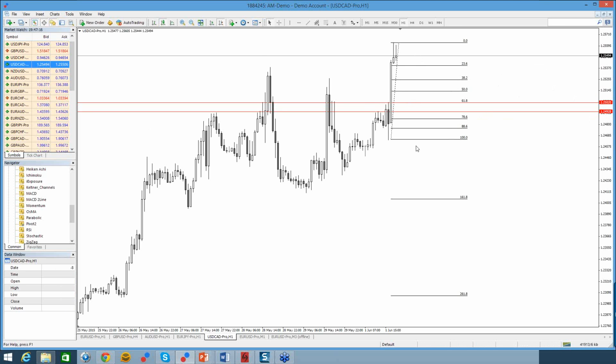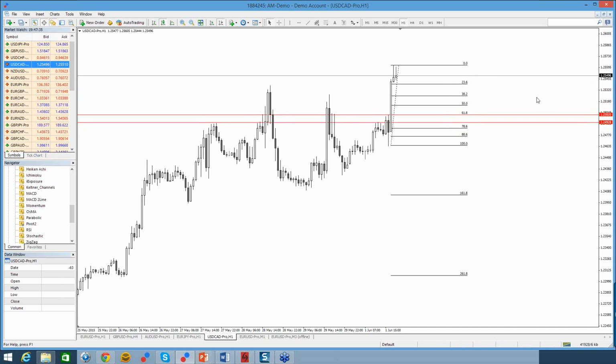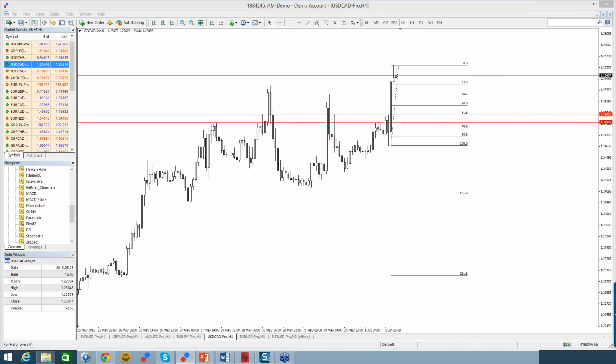So this is a W pattern. This is a possible retracement. If it retraces here, you can try to place a buy trade. So yes, a possible trade here. So that is dollar CAD.